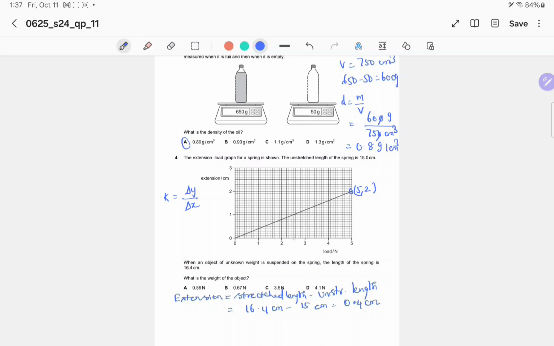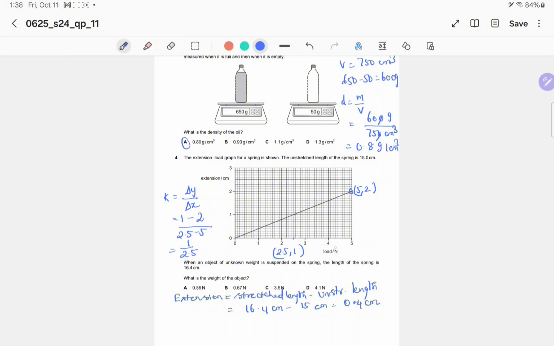I will take these two points and calculate delta y by delta x. So on calculating, it is 1 minus 2 divided by the x value 2.5 minus 5. So your answer is 1 divided by 2.5.